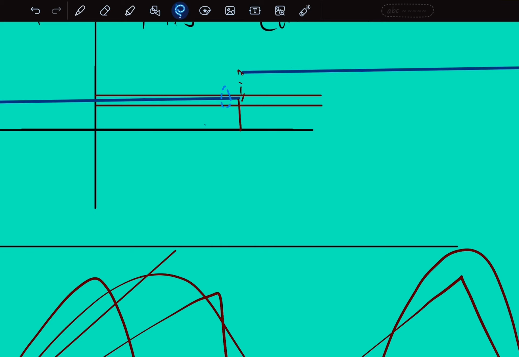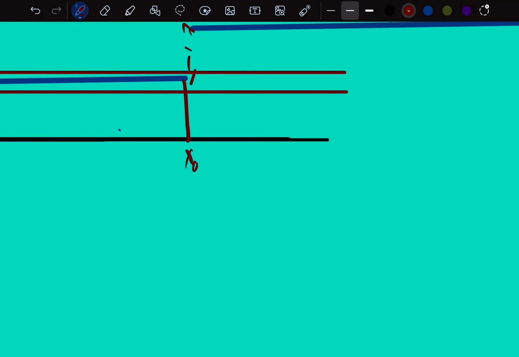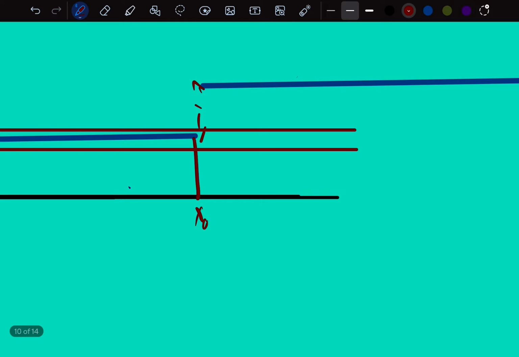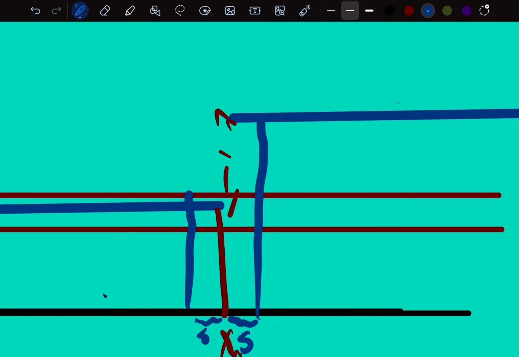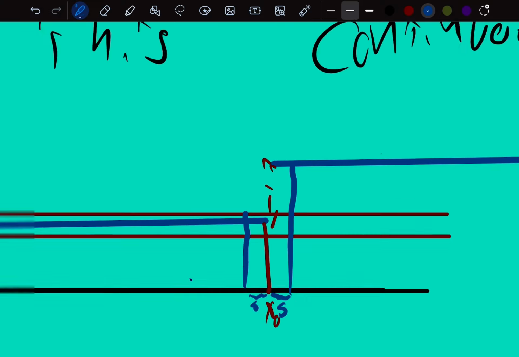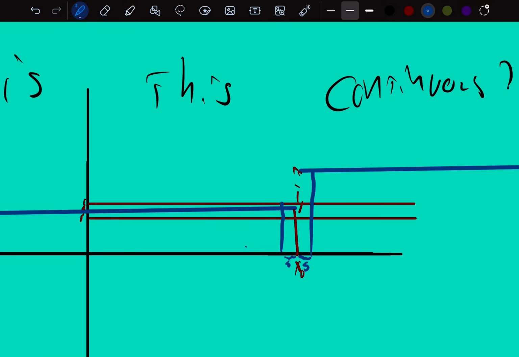If this is our region, and this is our x naught, so that's our epsilon. No matter how small delta is, on the left side, we're fine. But on the right side, we're outside of the region. No matter how small we make it, if we zoom in, there's still that little bit up here that's outside. So this isn't continuous because we're never within this box.